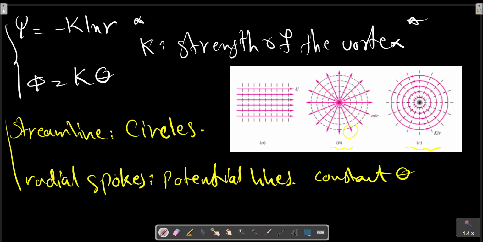Note the similarity between these equations and the previous equations. A free vortex is a sort of reversed image of a source.